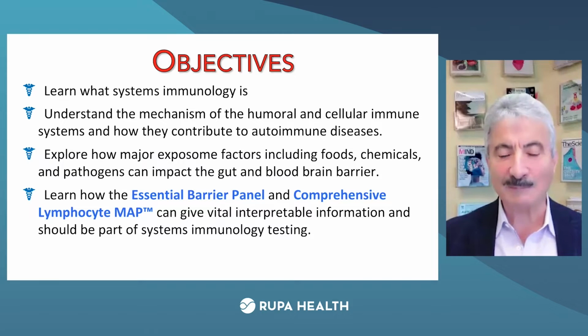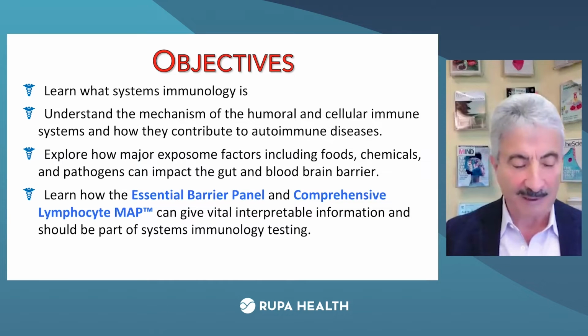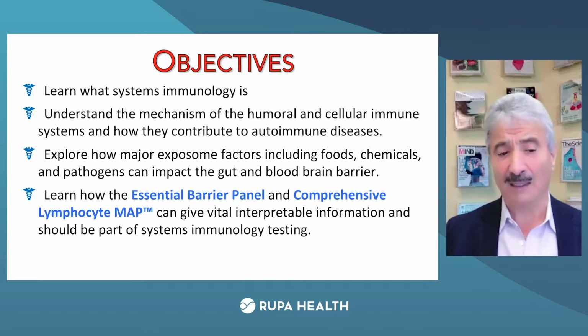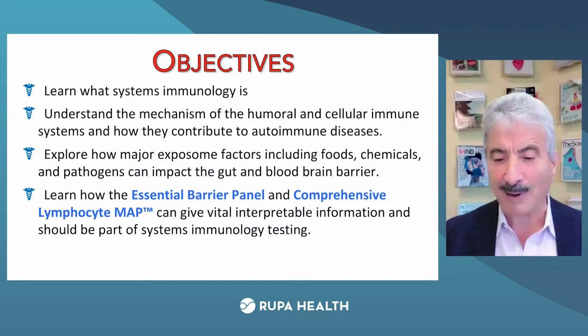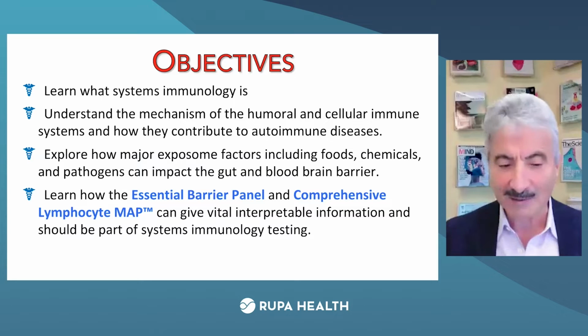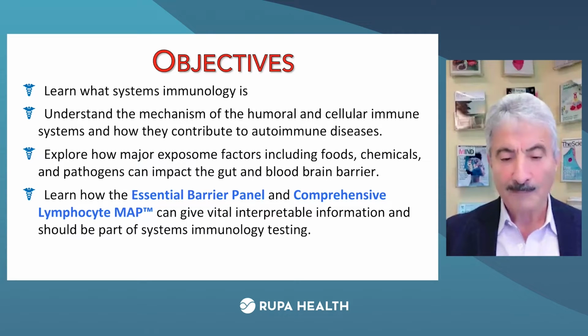What is the role of exposomes, such as food, toxic chemicals, and pathogens, on the gut and blood-brain barriers, which are the gateway to autoimmunity and neuroautoimmunity? And finally, I'm going to emphasize the importance of the essential barrier panel and comprehensive lymphocyte map for when a patient for the first time is coming into your office and you don't know where to start.